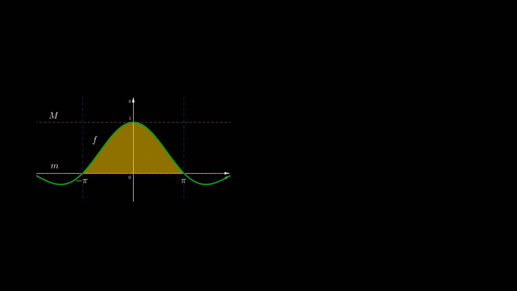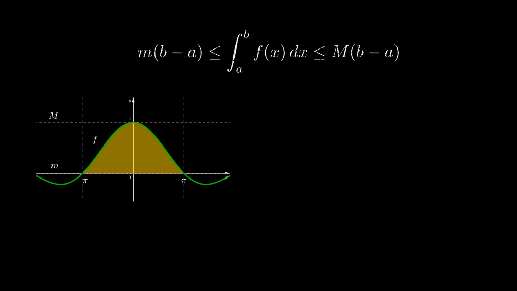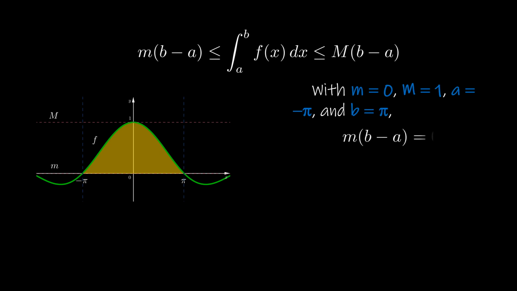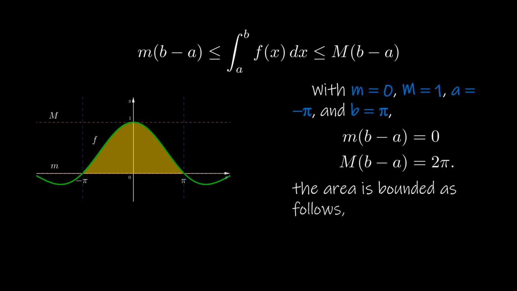Use the following property of definite integrals to compute a lower bound and upper bound of the area, with m equals 0, M equals 1, a equals -pi, and b equals pi. The area is bounded as follows. 0 is the lower bound while 2 pi is the upper bound.